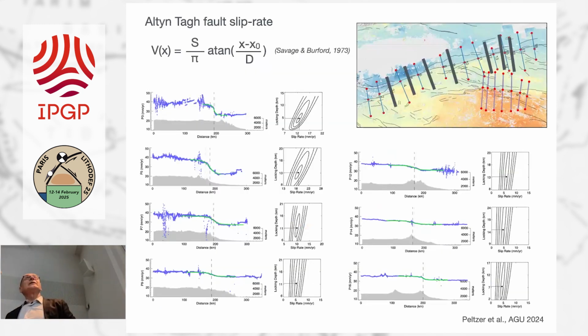So looking in more detail at the slip rate along this fault, this is a sequence of a subset of the profiles we ran across the fault. And to make it very simple, we adjust this arctan function that you recognize here to determine the slip rate and the locking depth along different sections of the fault. So that's what we see. There is a decrease from west to east.